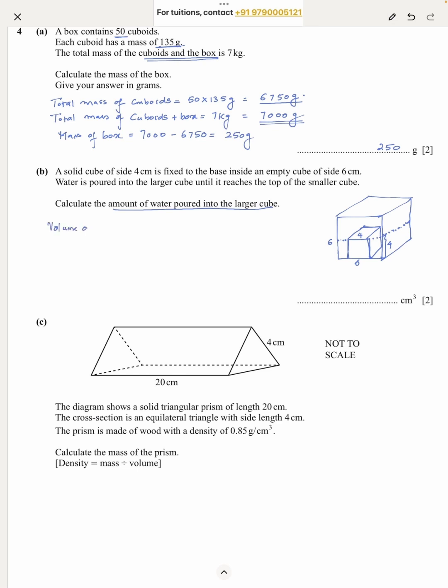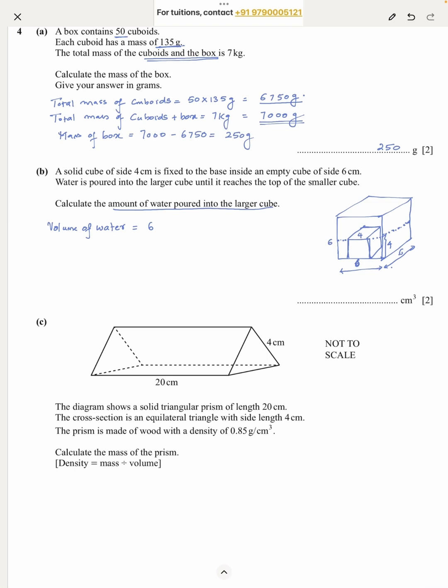So volume of water will be equal to that column where the water is there. So that is like a cuboid now. The measurements are 6, 6 and 4.